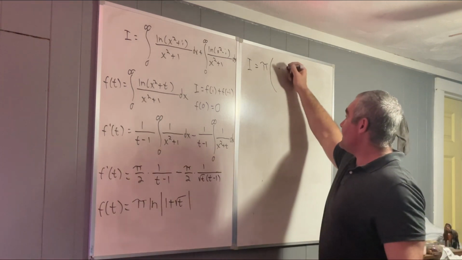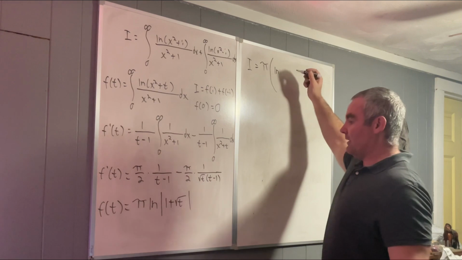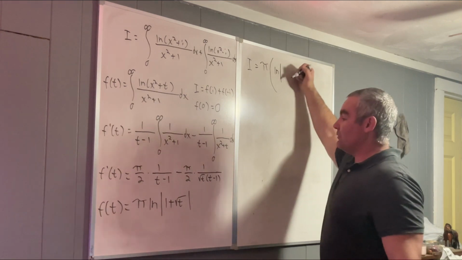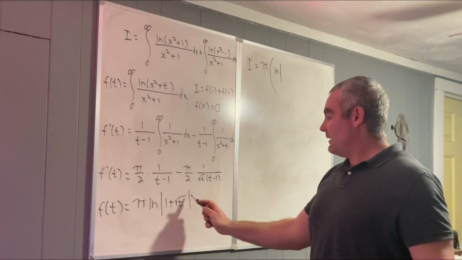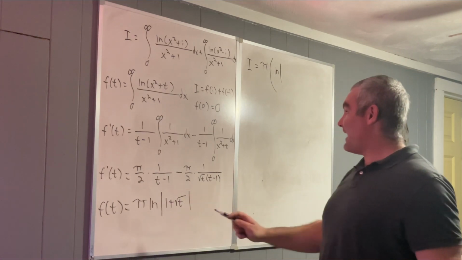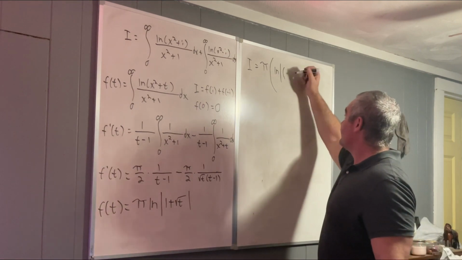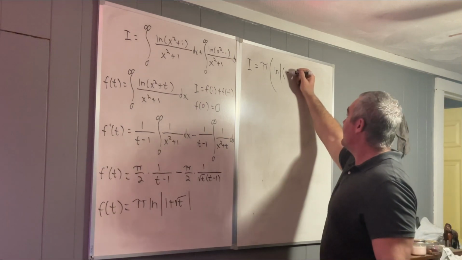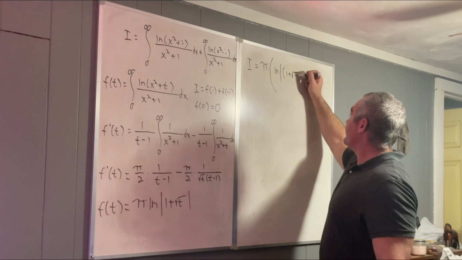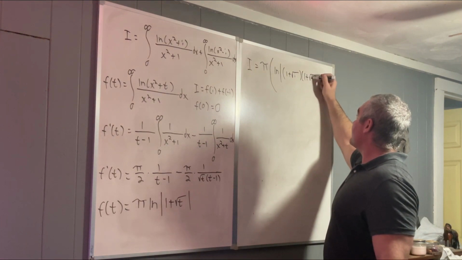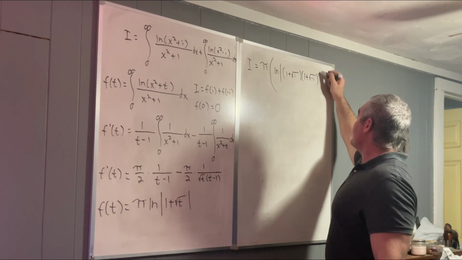And then that's going to be the natural log of the absolute value of this evaluated at i times this evaluated at negative i. So we're going to have 2 terms here: 1 plus the square root of i and 1 plus the square root of negative i.